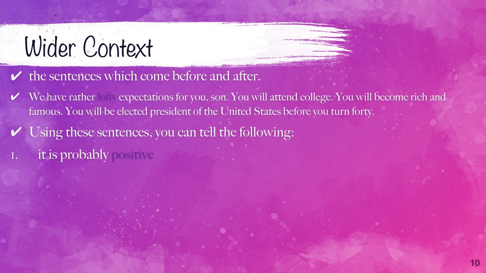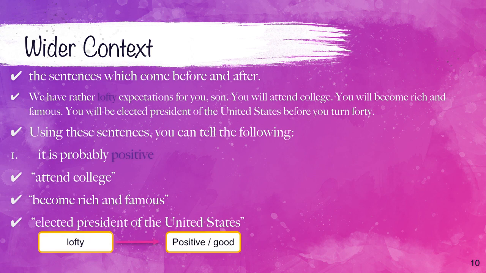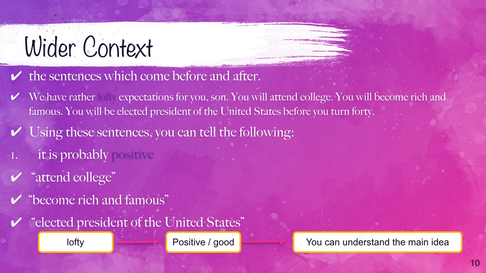Now, using these sentences, you can tell the following. It is probably positive because we have attend college, become rich and famous, and elected President of the United States. So, if we replace the word lofty with positive or good, then we can have an understanding of the main idea.